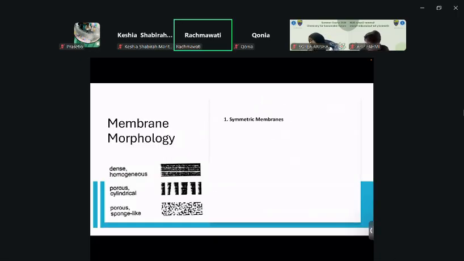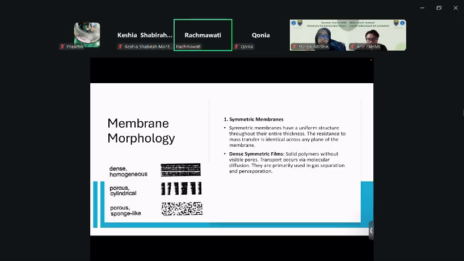Now, for the symmetric membranes, they have a uniform structure throughout their entire thickness, and the resistance to mass transfer should be identical across any plane of the membrane. For example, a dense symmetric film could be in the form of solid polymers without visible pores. Our eye doesn't see them, but they are there, in smaller sizes of pores.